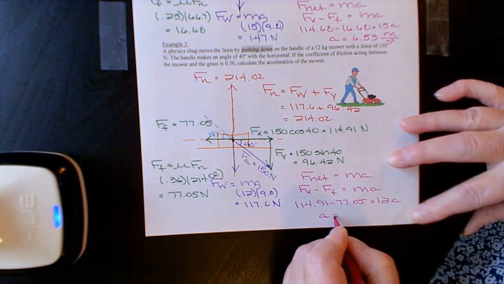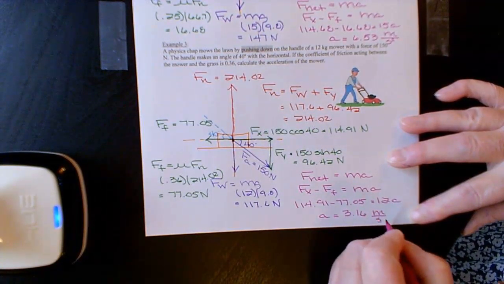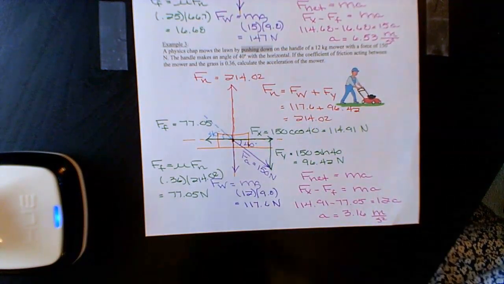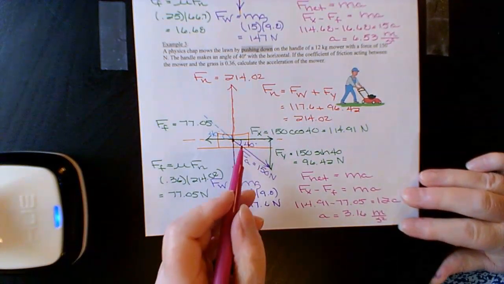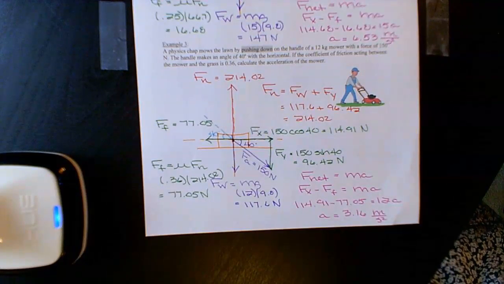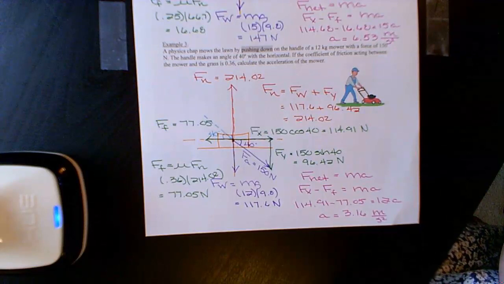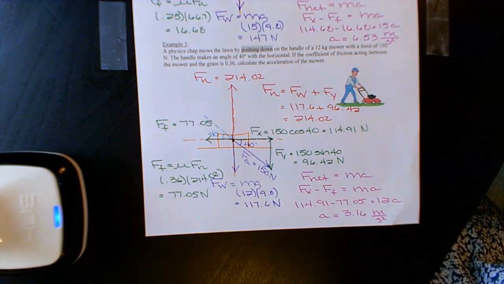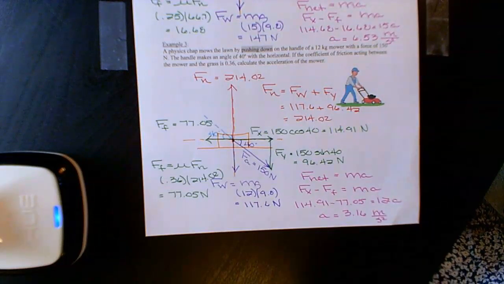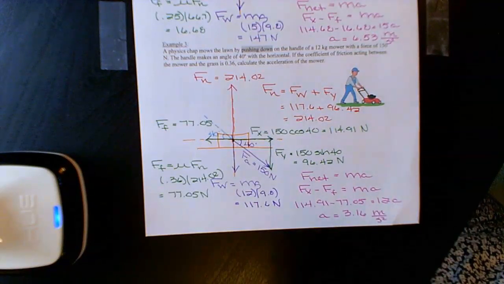And when I number crunch that, I get 3.16 meters per second squared. So that means when the person first pushes on the handle with a force of 150 newtons, he gets an initial acceleration of 3.16 meters per second squared. And we don't know if he continues mowing the lawn by applying a net force and accelerating across the lawn, or if he may change his force and then start to maybe mow the lawn at constant speed.